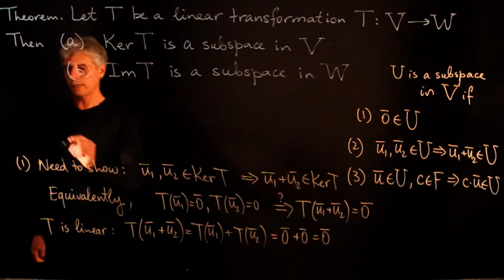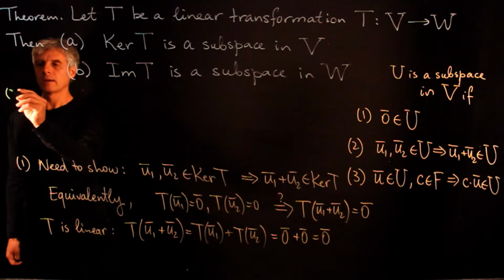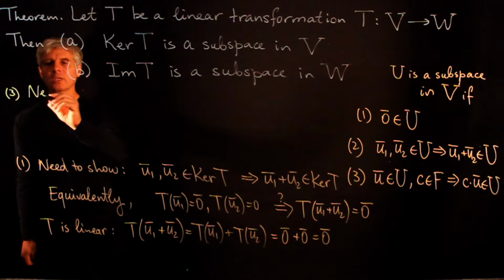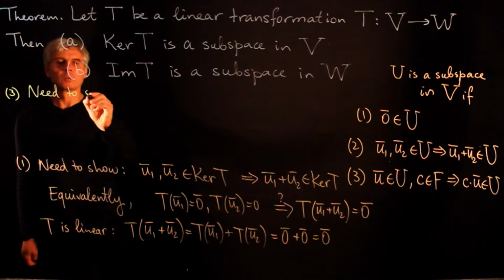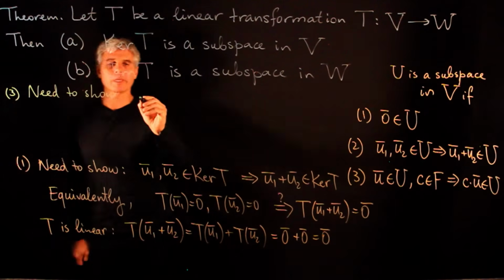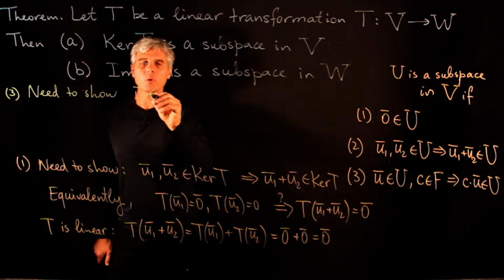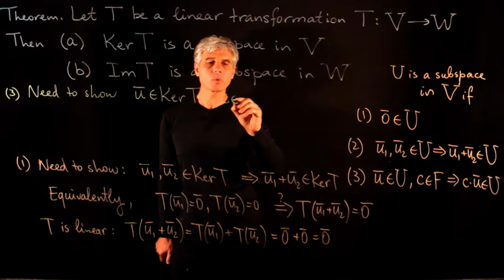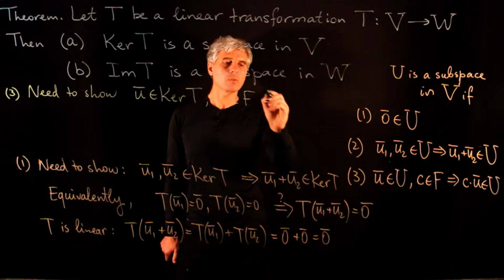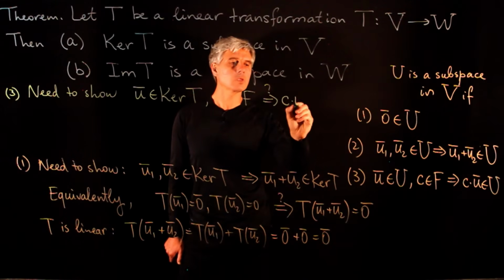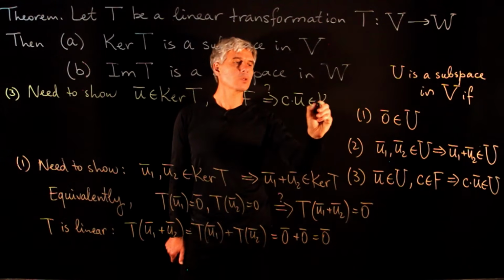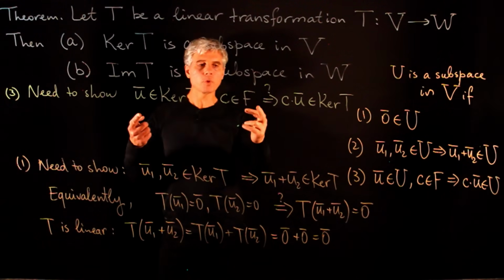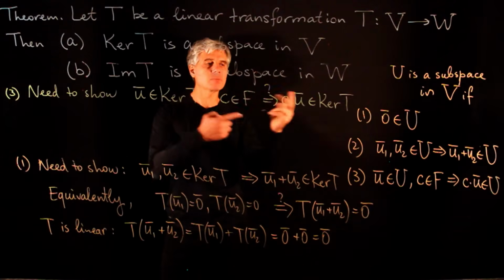Now let us look at property 3 for the kernel. What we need to show here is the following: that if U belongs to the kernel of T and C belongs to F, then we need to show that C times U belongs to the kernel of T. Now, how do we prove that A implies B?